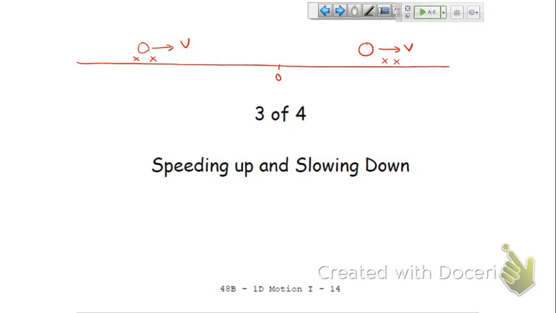If I have a negative acceleration, am I speeding up, am I slowing down, or what? It depends on the velocity. Agreed?